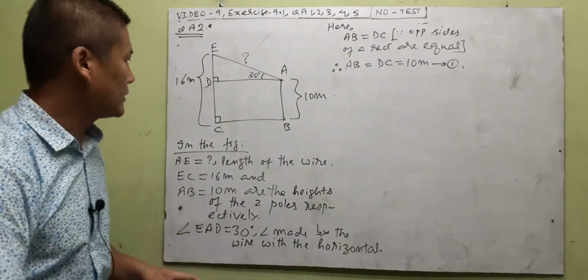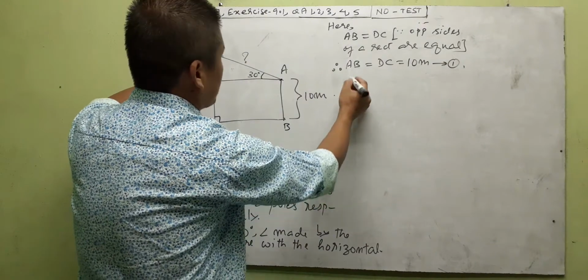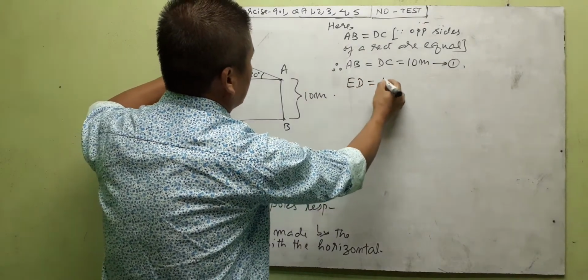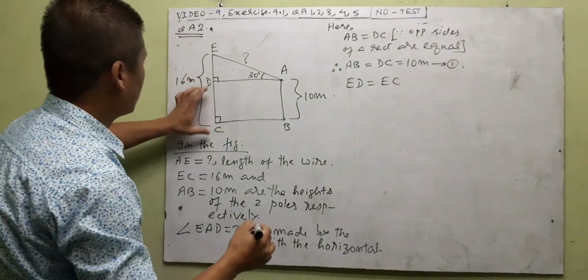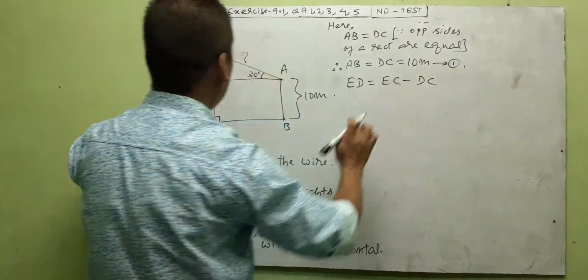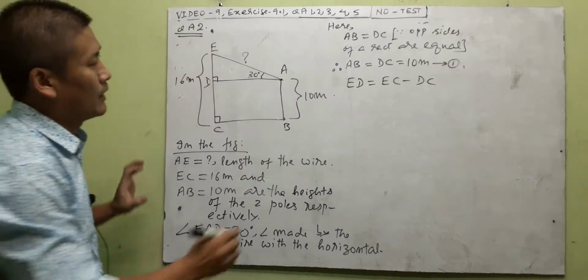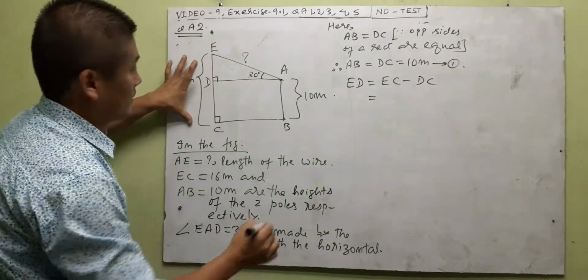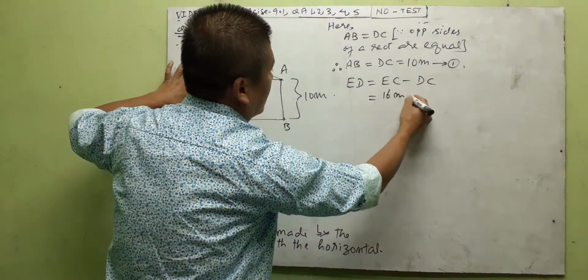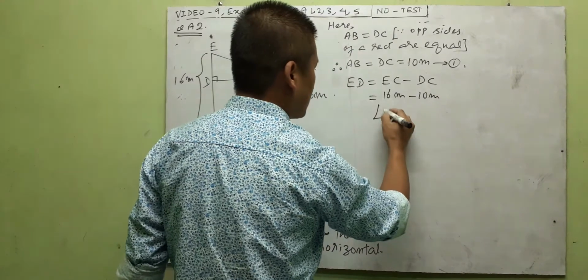Now what is the advantage? If DC is also 10, like we've seen here, now we can transfer that to ED value. ED is full line EC, taller pole, minus DC. That way we can put 10 here. See here, we can find ED very easily, EC minus DC. So EC is already there here, 16. And DC just now we got. Why we're doing it, we'll soon come to know.